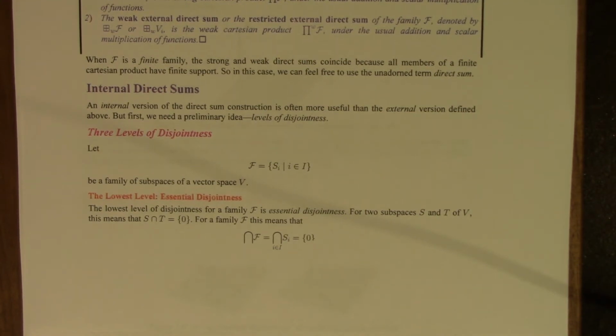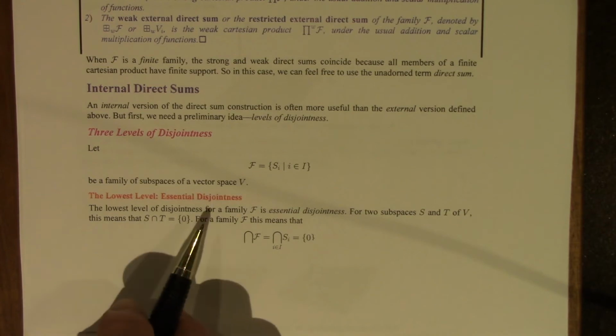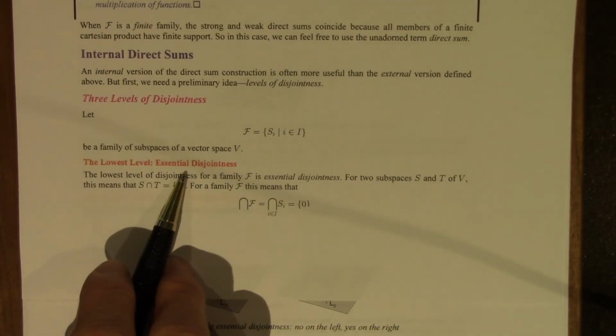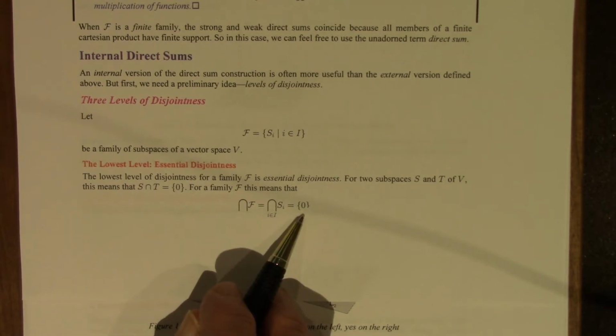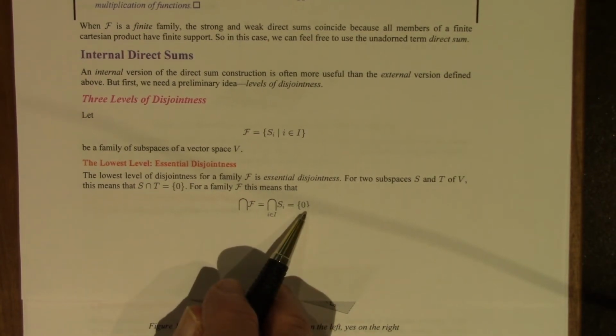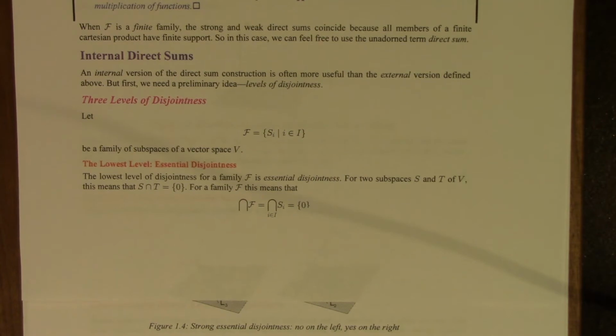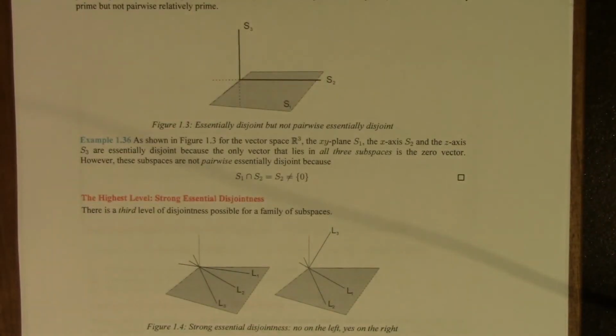There are 3 levels of disjointness among families of subspaces of a given vector space. The lowest level is simply essential disjointness, which means the intersection of the entire family is trivial. Or put another way, the only vector that lies in every member of the family is the 0 vector. Of course, that must be in every member of the family.